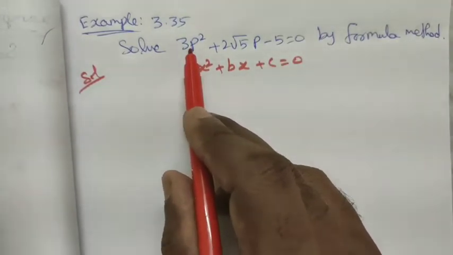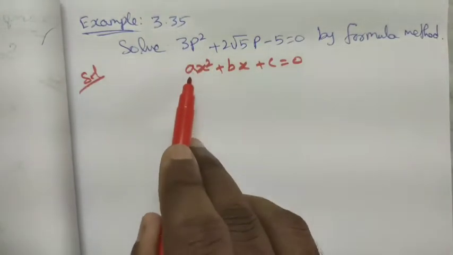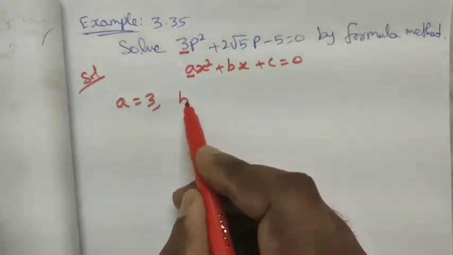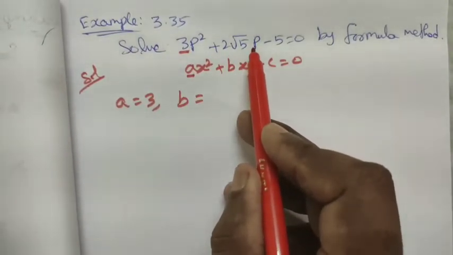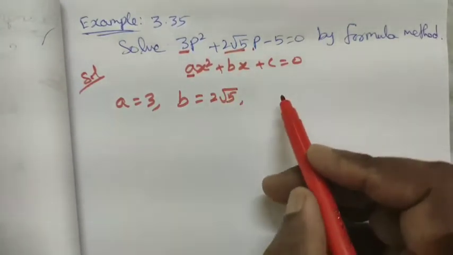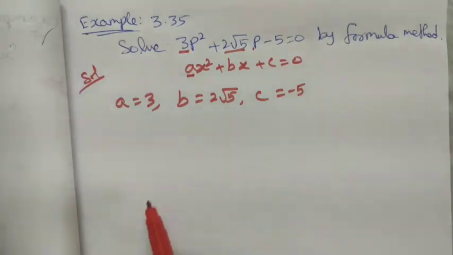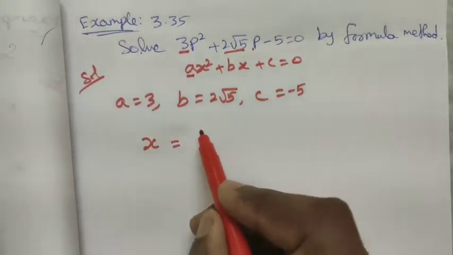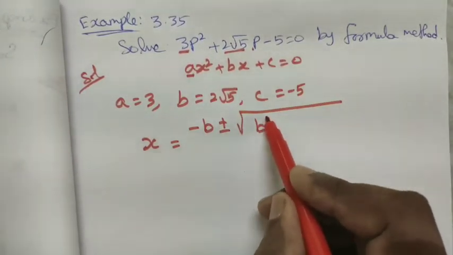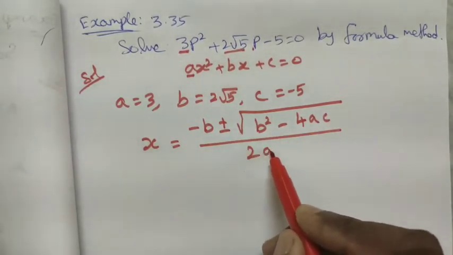Here p is the variable, so a is 3. For b, omit the variable p, and the remaining 2 root 5 is b. The constant c is minus 5. We have the formula x is equal to minus b plus or minus root of b square minus 4ac, whole divided by 2a.